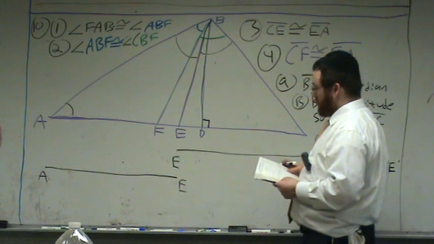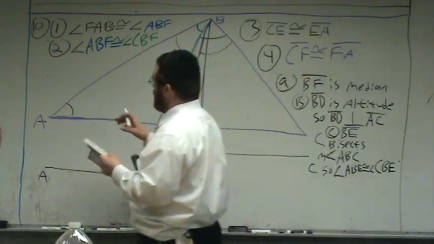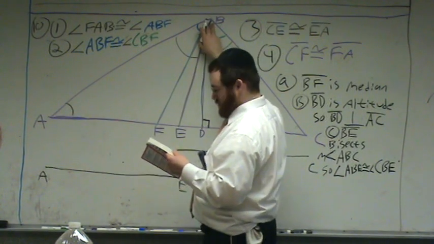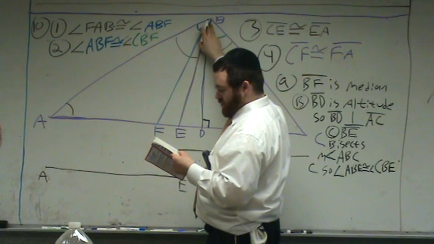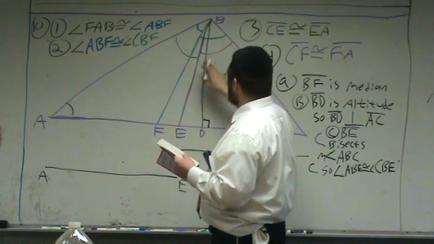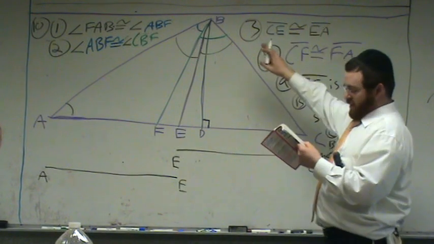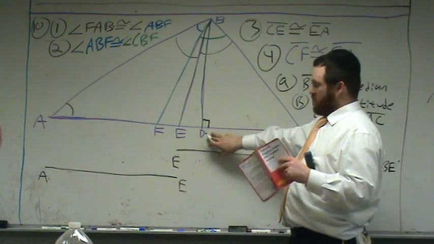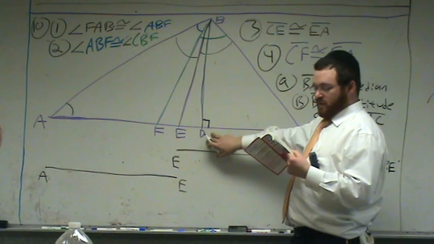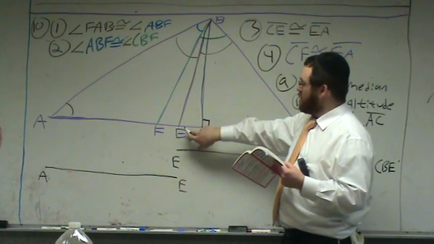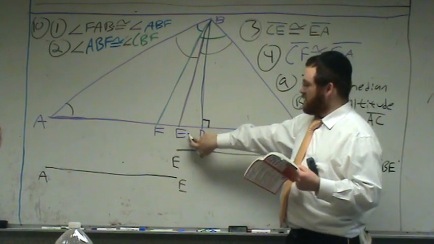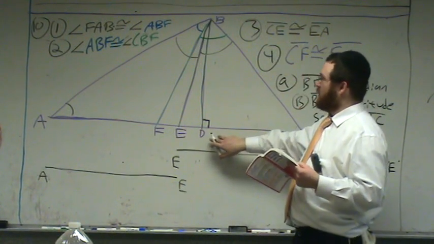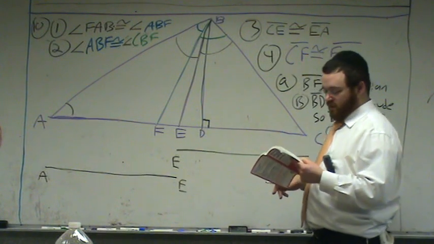Which conclusion is valid? Answer 1, angle FAB is equal to angle CBD. First of all, that's not true, because you know that BE bisects that angle, and therefore D is between E and C, and therefore that does not bisect the angle, and therefore you know that they're not equal.